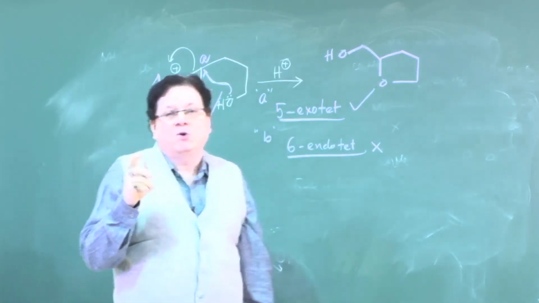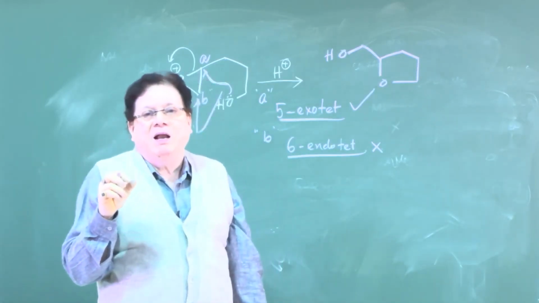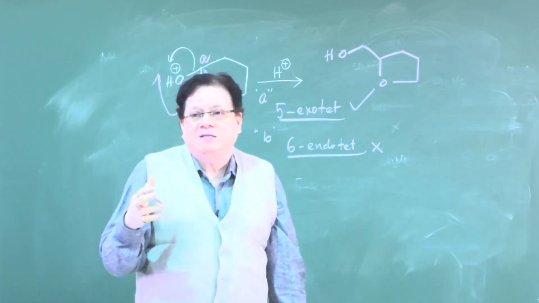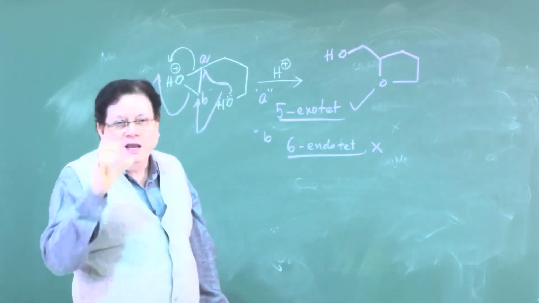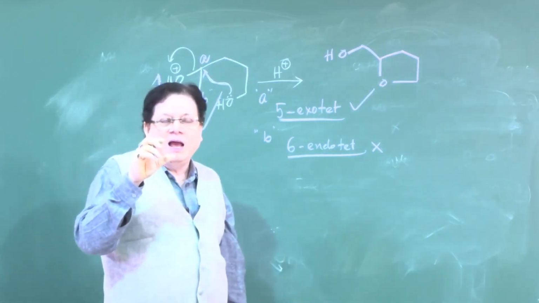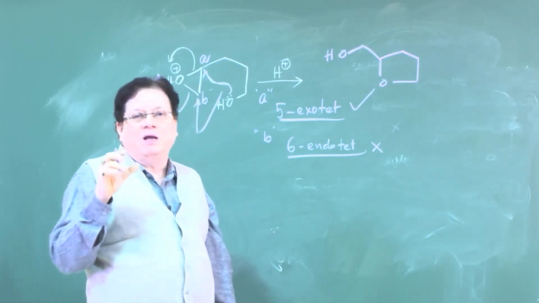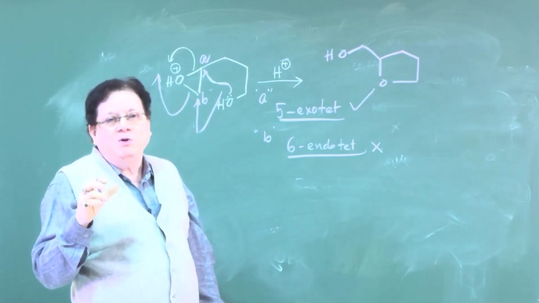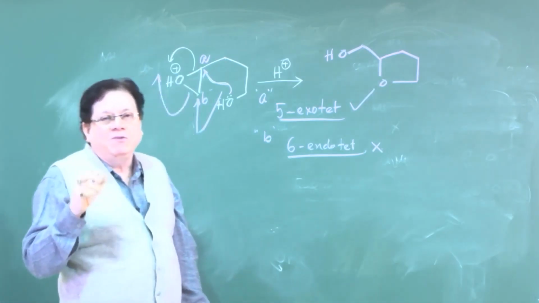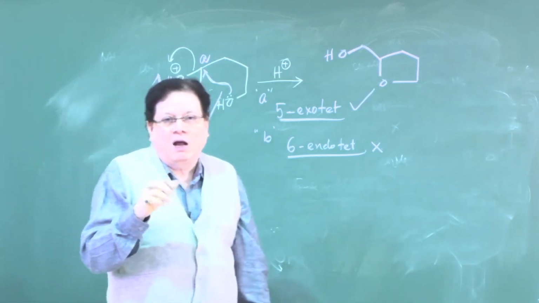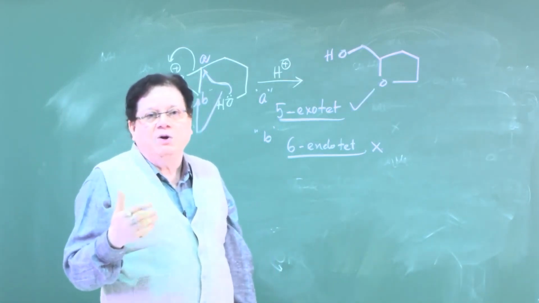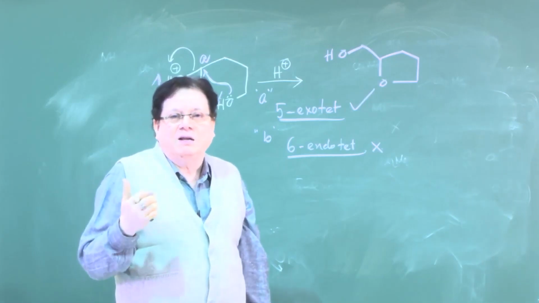So, remember this opening of a 3-membered ring and how to assign the exo and endo in these cases. Think of that 3-membered ring as originating from a double bond, and what would be the nomenclature if one of the double bond carbons is attacked by the nucleophile, how do you define it, whether it is exo or endo, versus the attack at the other carbon.